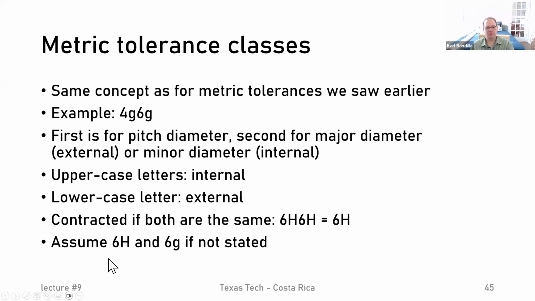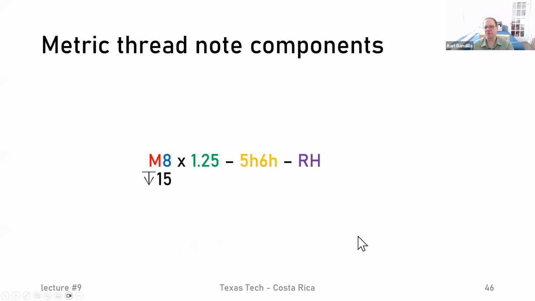If there's nothing given, then we'll assume that for internal ones we have a 6H, and for the external ones we'll have a 6G. Now, the good thing about all of this is that we usually just assume that we have 6H and 6G, so we can happily forget all of this because we're usually not using those thread notes.